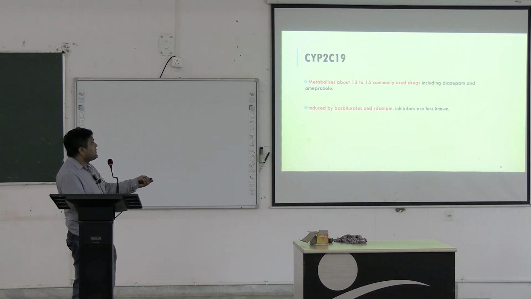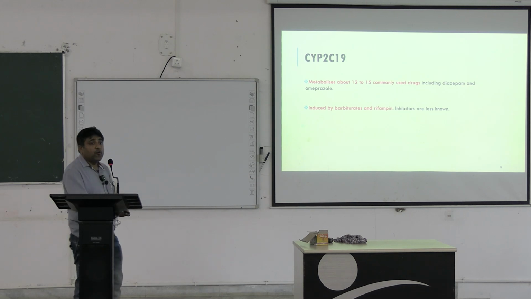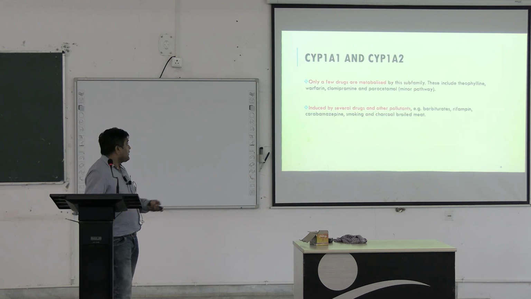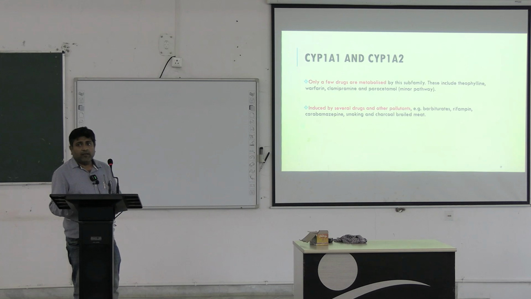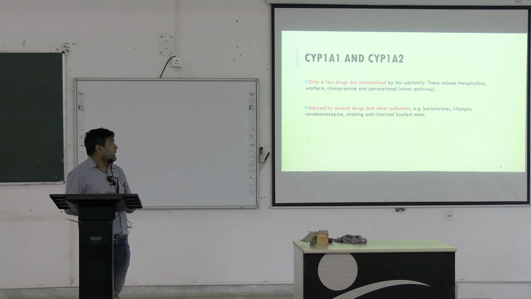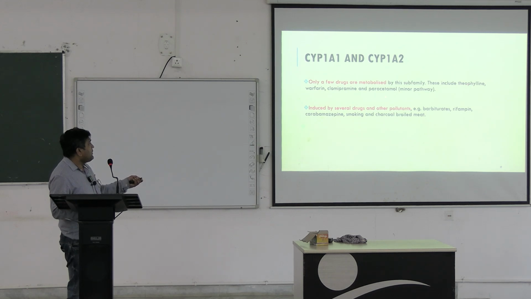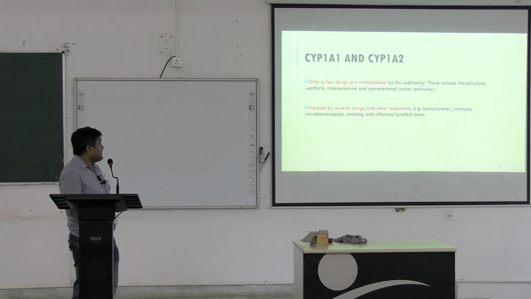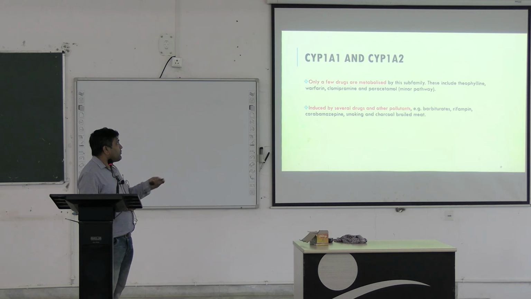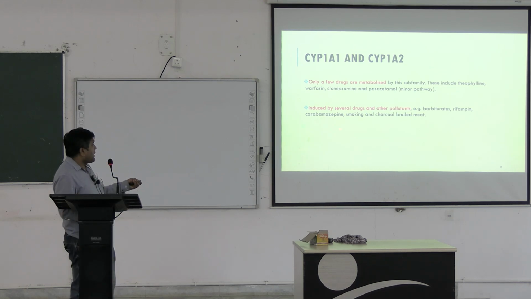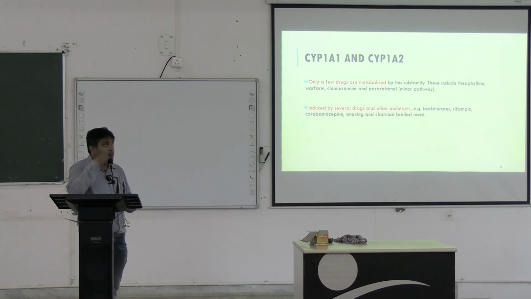The drugs that are metabolized include diazepam and omeprazole. CYP1A1 and CYP1A2: only a few drugs are metabolized. These include theophylline, warfarin, clomipramine and paracetamol. These are induced by several drugs and other pollutants that include barbiturates, rifampin, carbamazepine, smoking, and charcoal-broiled meat.